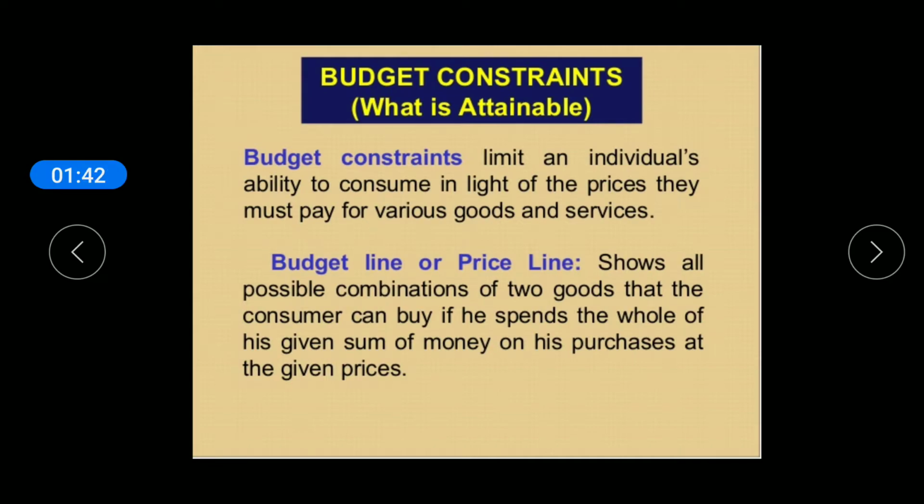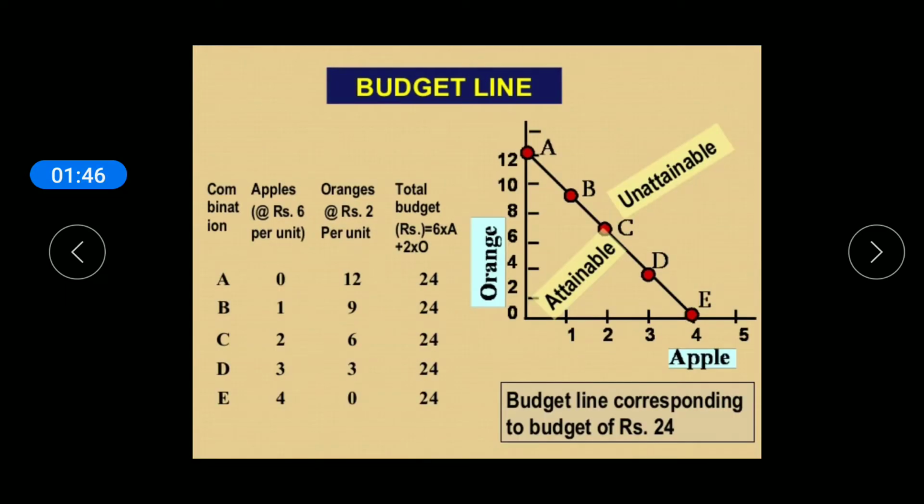We can understand it with another example. There are combinations of two goods, apple and orange: combinations A, B, C, D, E. The price of apple is 6 rupees per unit and the price of orange is 2 rupees per unit, and this is your budget.